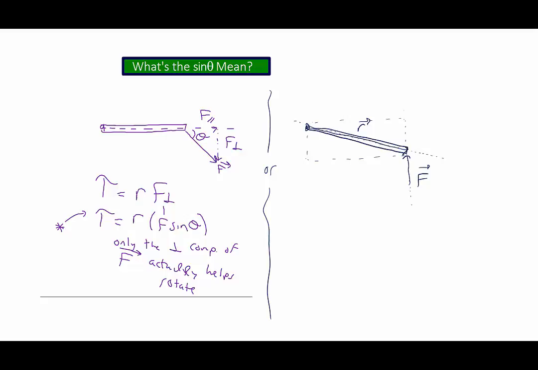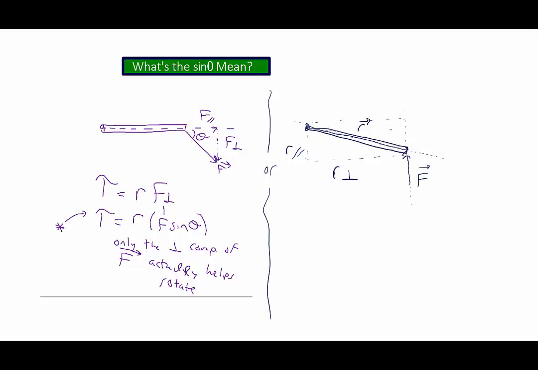What's actually causing the door to close is not going to be all of the radius. When I look at my force pushing, some of that radius is going to be perpendicular to the push, and some of that radius is going to be parallel to the push, the radius away from that axis.